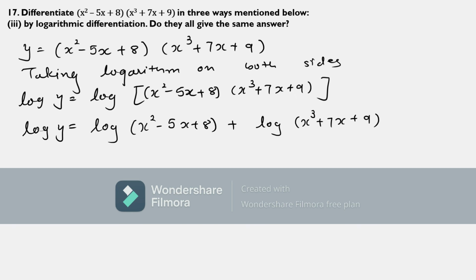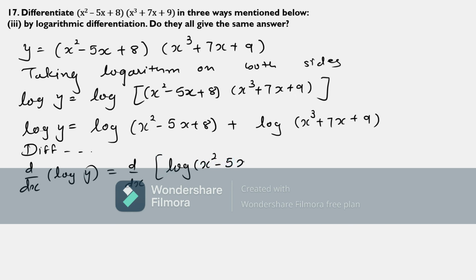Okay. Now we can differentiate, differentiating both sides with respect to x. So d by dx of log y is equal to d by dx of, oops, I missed the log part, d by dx of log of x square minus 5x plus 8 plus log of x cube plus 7x plus 9. That means on the left hand side, log y gives 1 by y and dy by dx.